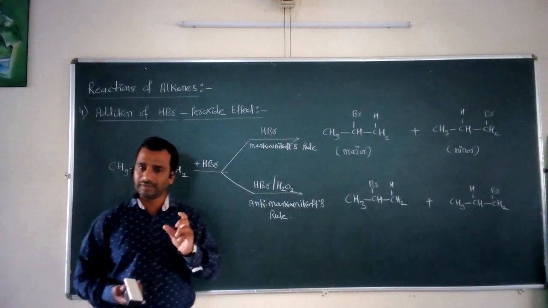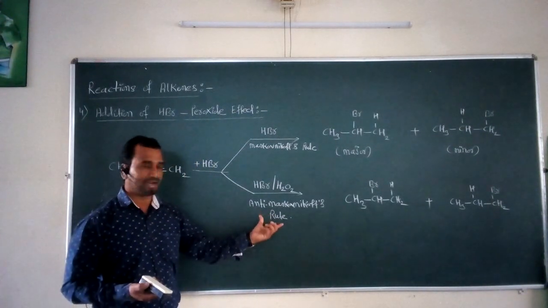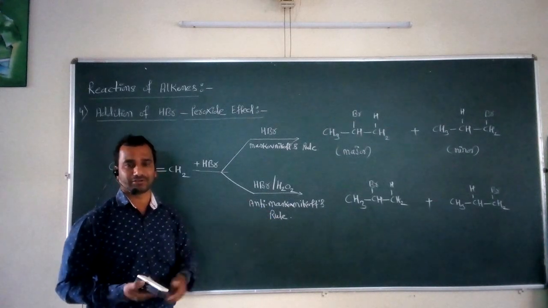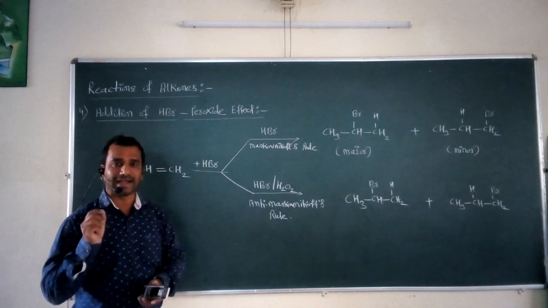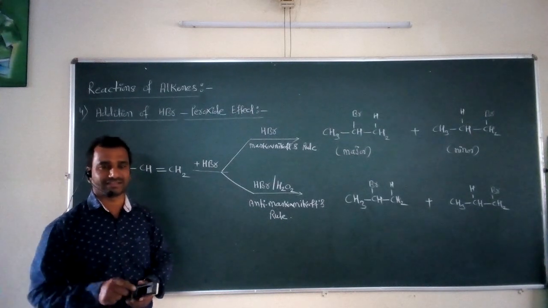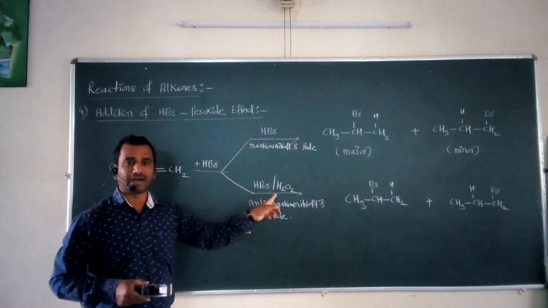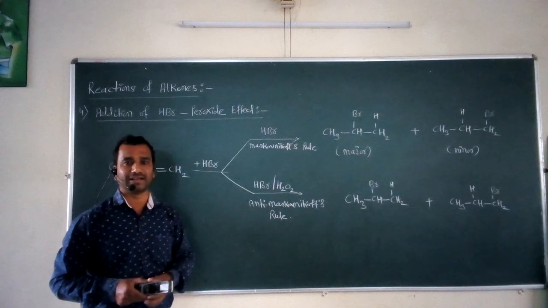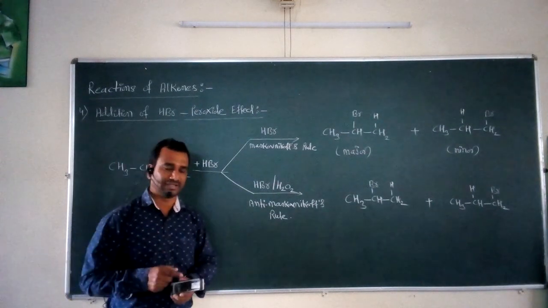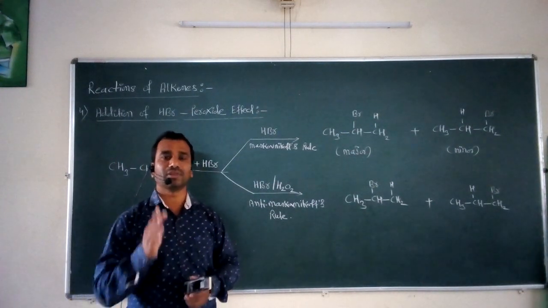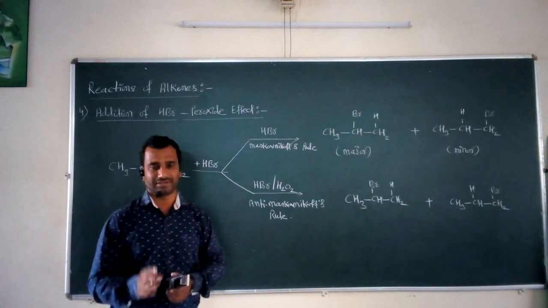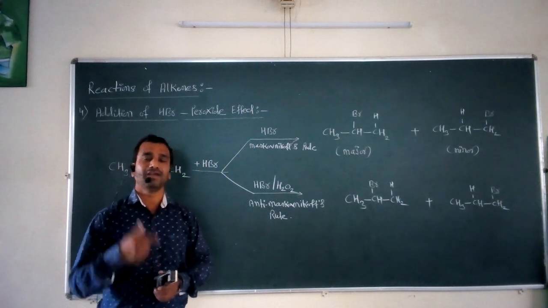So, for this anti-Markovnikov's rule, in an addition reaction, the negative part of the addendum gets added to that olefinic carbon which has the more number of hydrogen atoms. Then that product is considered as the major product.